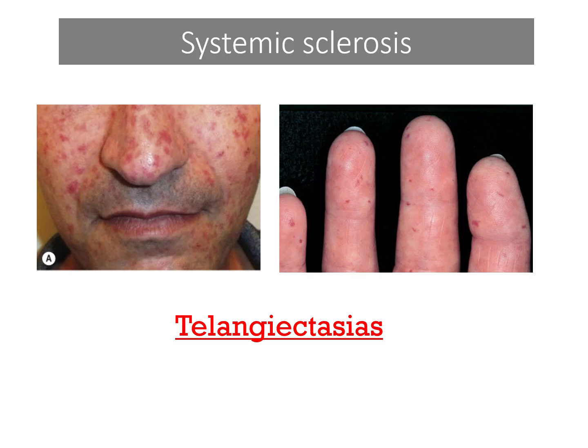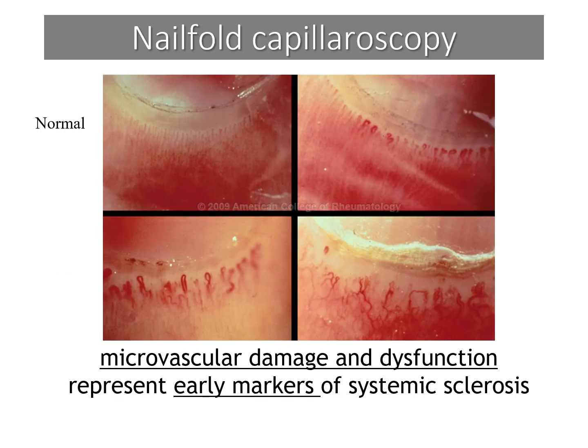You can see the telangiectasias on the face, on the fingertips, as you see in CREST. And like with dermatomyositis, again, patients with scleroderma will have microvascular damage, and you can see this in the nail folds. You can see the dilated, tortuous capillaries. And these are often early markers of systemic sclerosis.